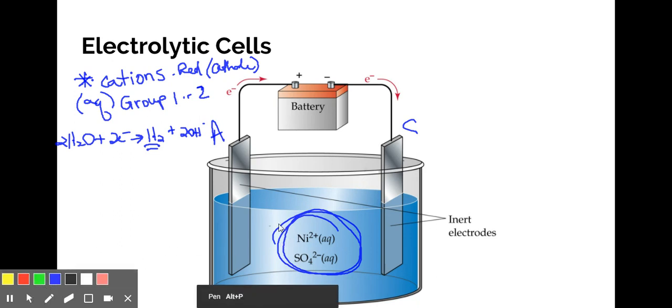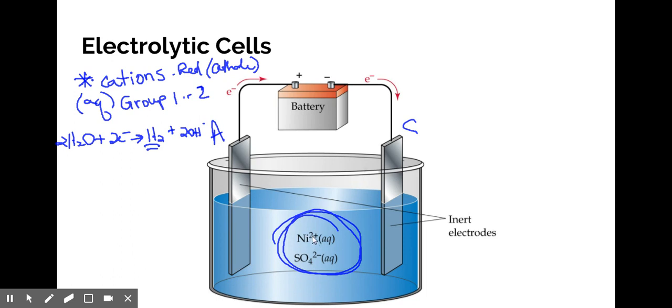What I have present is nickel 2 plus. That is my cation. So nickel is not a group 1 or group 2. So what that means is that nickel will actually reduce. And when it reduces, it'll form nickel solid.